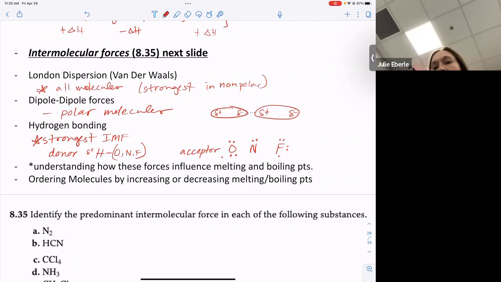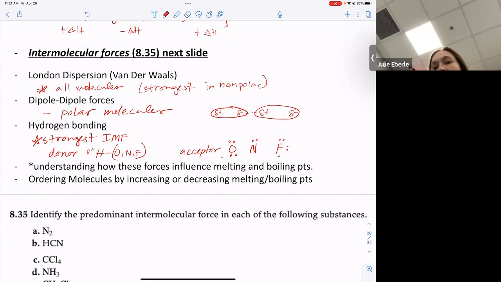And then we talked about all these and we said, let's also understand how these forces influence melting points and boiling points. And we practiced ordering molecules. That was a problem on exam 3, according to increasing or decreasing melting points or boiling points. So if I give you a molecule that's nonpolar and has London dispersion force, a molecule that's polar and can have dipole-dipole IMFs, or a molecule that can hydrogen bond, the one with the highest melting or boiling point would be the one that can hydrogen bond.